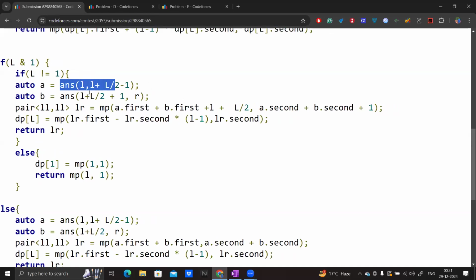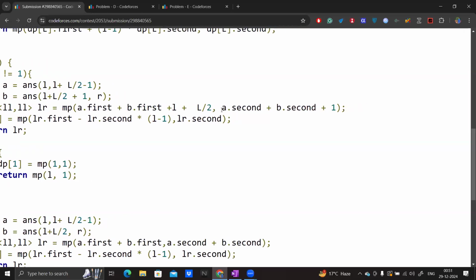So I find the answer for the left half and the right half, and this is the answer for L to R. Wait a minute, this is L. Okay, so it would be just first of left half plus right half plus the middle element, right?